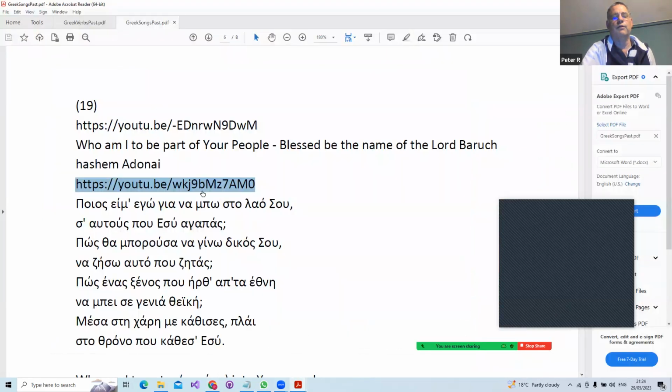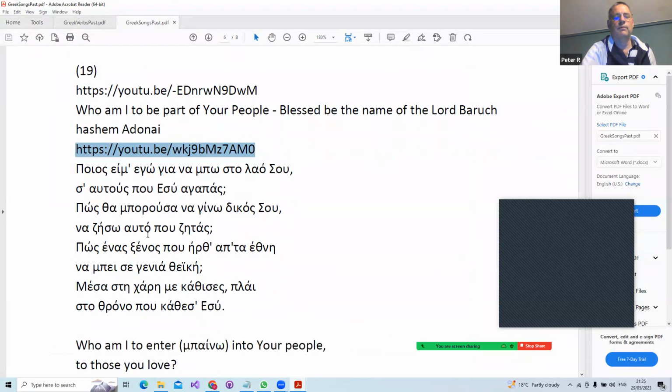We had quite a few of the irregular verbs here. Boruse, again, is this boro? This is now a tha borusa. So this is like thaithala.